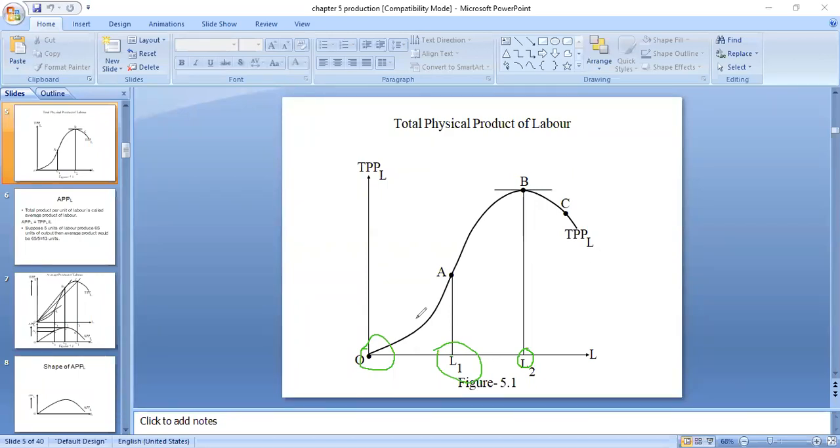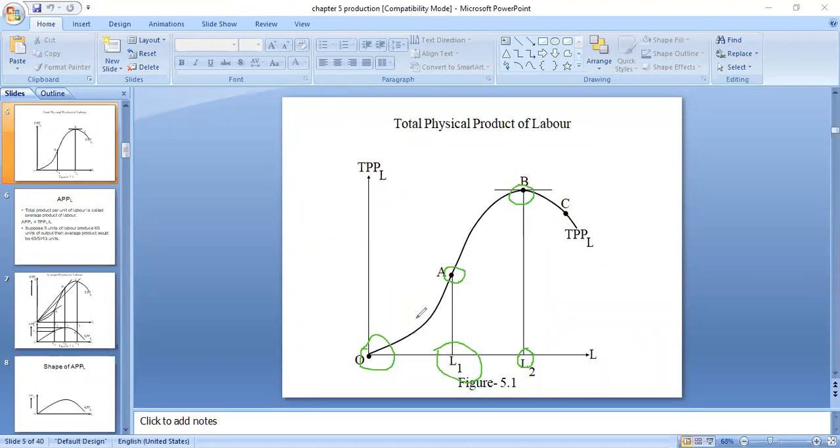From A to B, your total product is increasing, but at a decreasing rate. Here you need to understand increasing at an increasing rate and increasing at a decreasing rate. Think about if you employ one labor, the output is 2; you employ 2 labor, then your output is 4. Then again you employ another labor, number 3, then your output is 8. So it shows gradual increase.